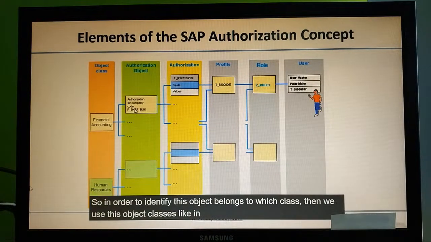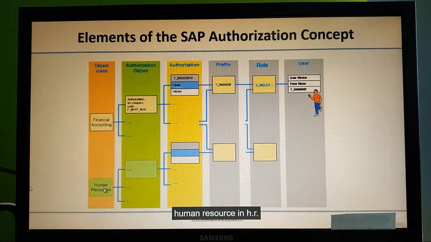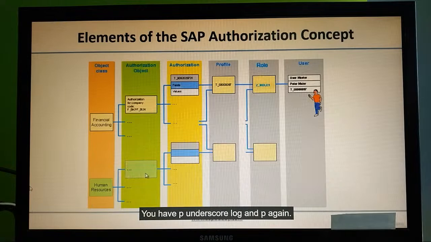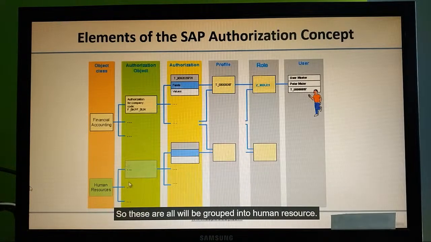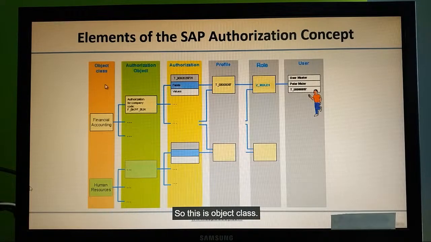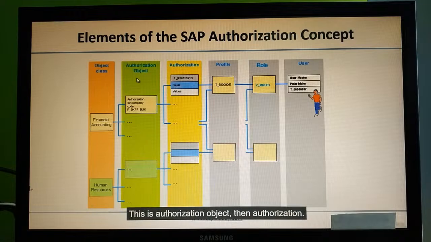In order to identify which class an object belongs to, we use these object classes. Like in human resource, HR, we have different authorization objects, like P_ORGIN and P_ORGXX. These will all be grouped into human resource. So this is the object class, and this is the authorization object.